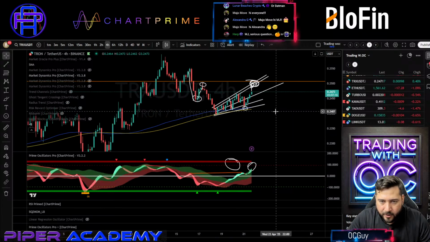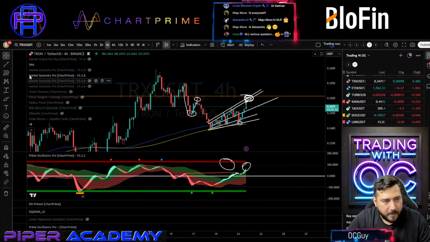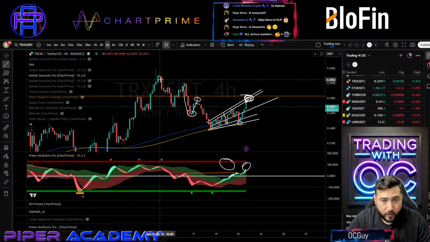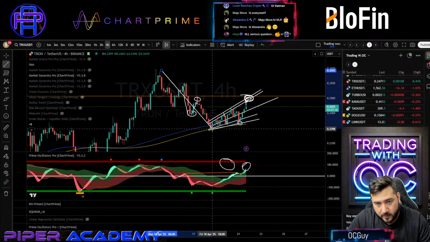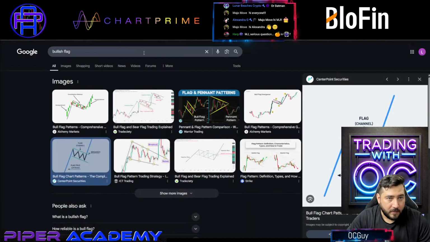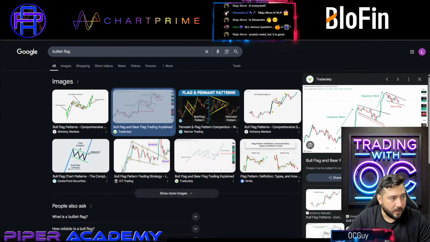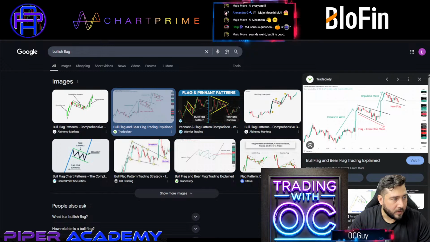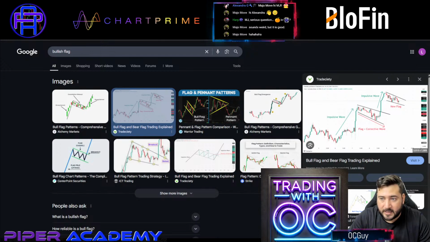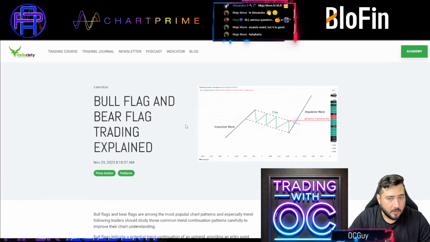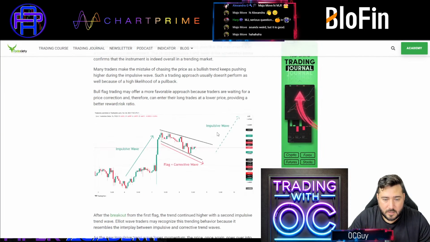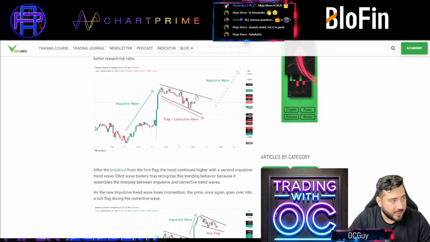Could this pattern, because I'm on the 4 hours, be a reversed bearish flag? Because just like we have a bullish flag, and look at this bullish flag, it is a downwards broadening wedge right here. Downwards broadening wedge, you see that?